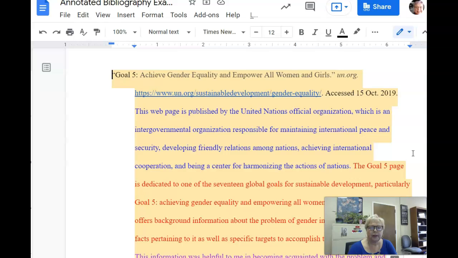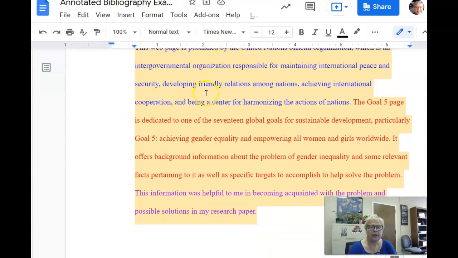And this is what it will look like. This is what the formatting will look like. You've got your hanging indent, and then you've got a paragraph that starts right over here, lined up with your hanging indent, that gives by what authority, gives the summary, and then lets me know how you used that in your research paper.